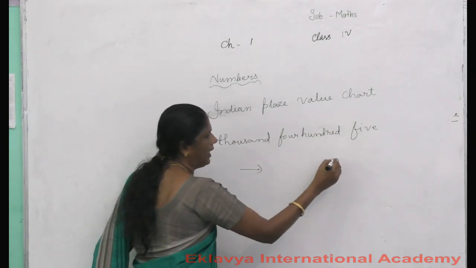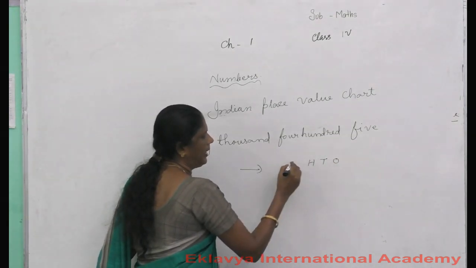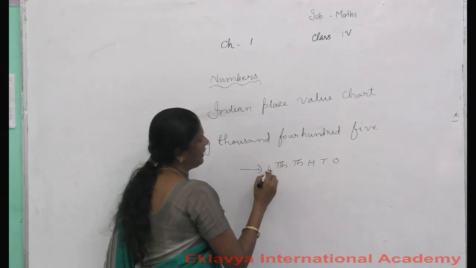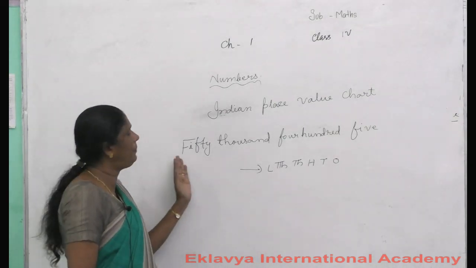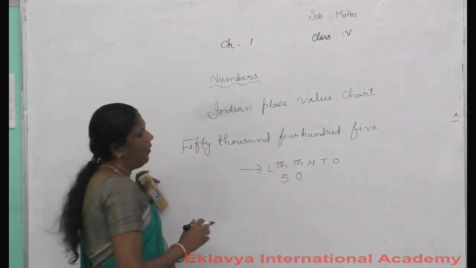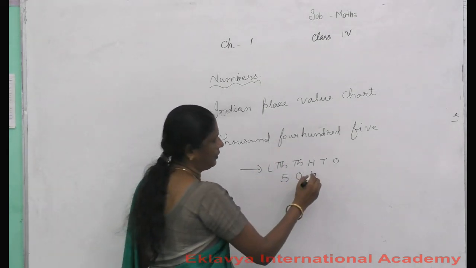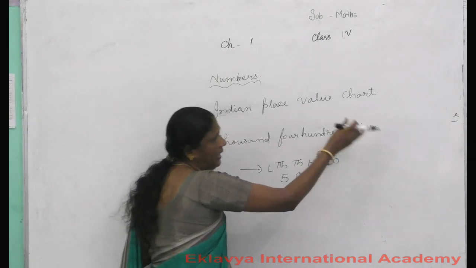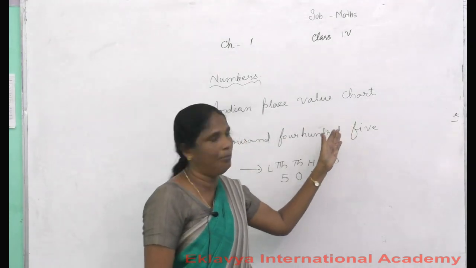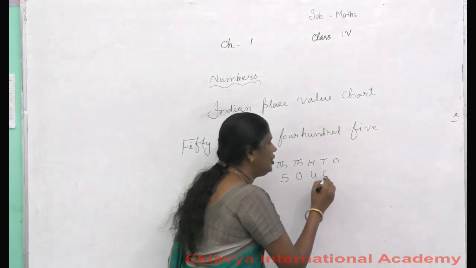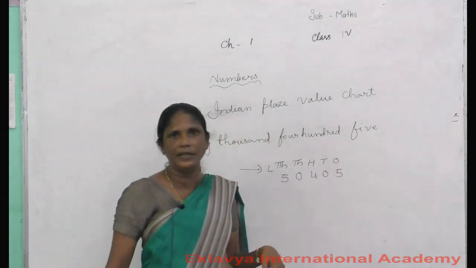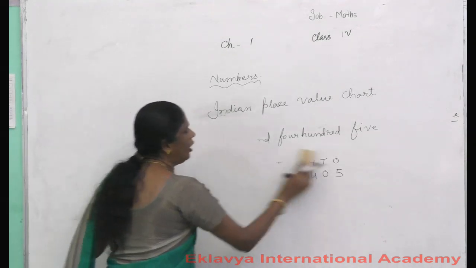You write ones, tens, 100, 1,000, 10,000, lakh. There is no lakh place here. 50,000, then 400, 4. Is there any tens place here? No, it is missing. We put 0. Then 5. Understand?